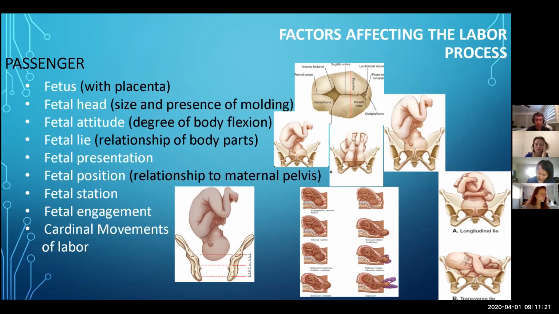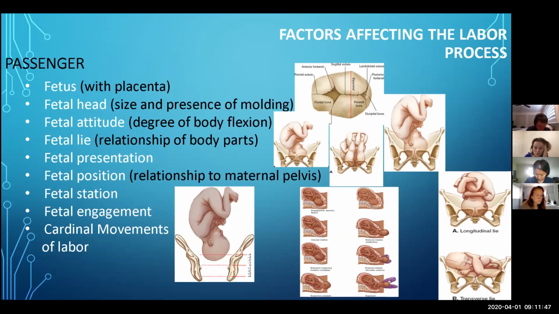So their spines are perpendicular to one another, making more of a T shape. Not a favorable lie for vaginal delivery. An oblique is when the long axis of the fetus is at an angle to the bony inlet. The oblique lie is usually when the baby's in transition to another lie.